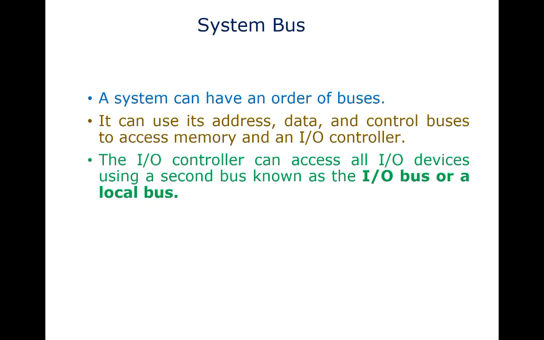Then the CPU receives the data. This is the basic sequence of the read operation. The write operation is similar: the address is placed, the memory accesses that address, and then the data is written to the specified address.